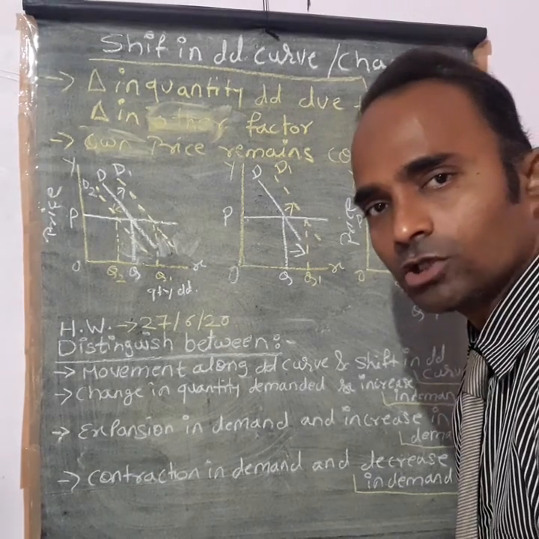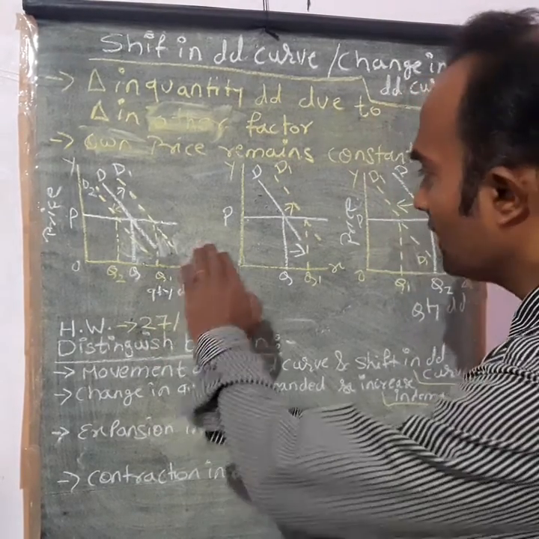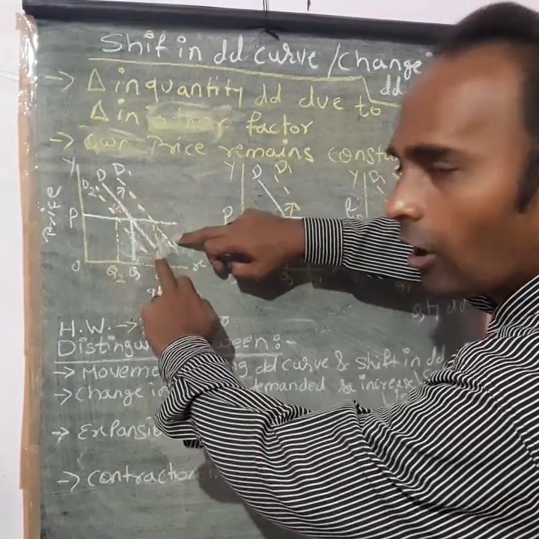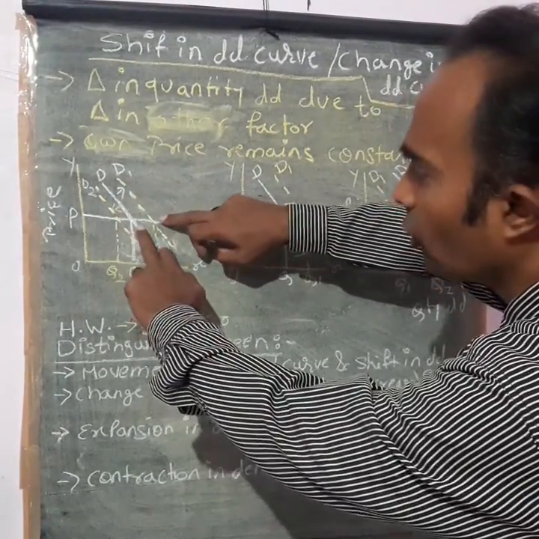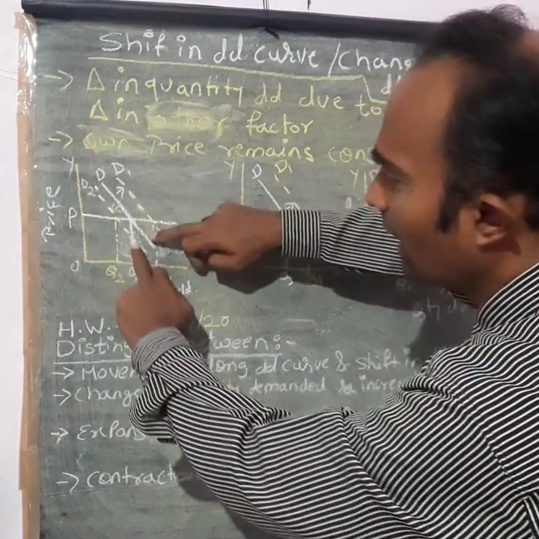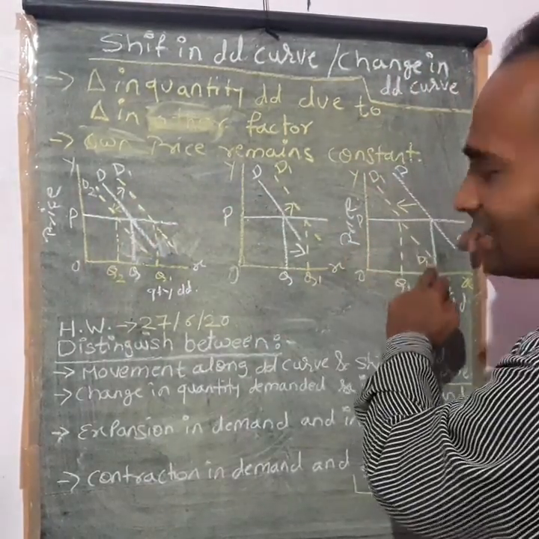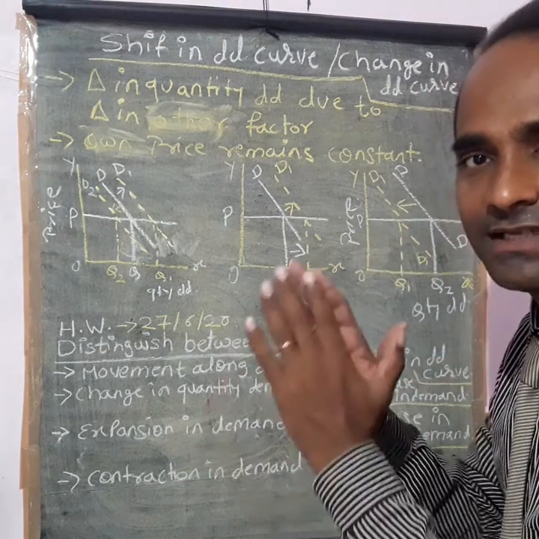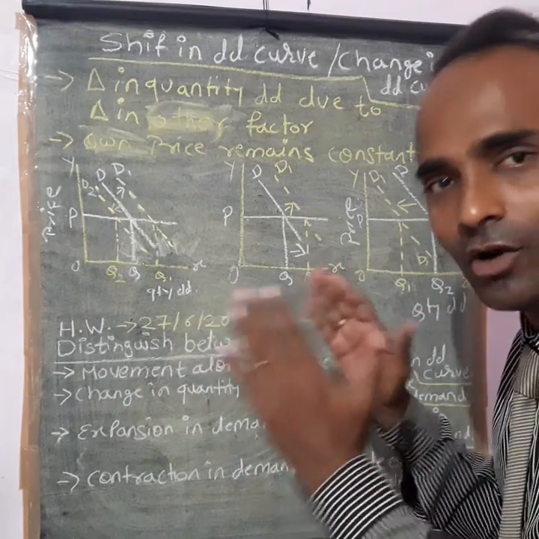The same thing I have drawn on the same graph, I have drawn separately on another graph. That's the only difference, otherwise there is no difference at all. It just makes it more convenient for you to understand.